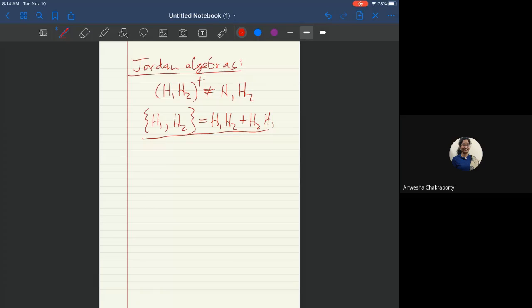I won't get into the details, but this product is no longer associative, just like in the Lie algebra case. If we first take the product of H1 with H2, and then take the product with H3, that's in general not equal to first taking the product of H2 with H3, and then taking the product with H1.